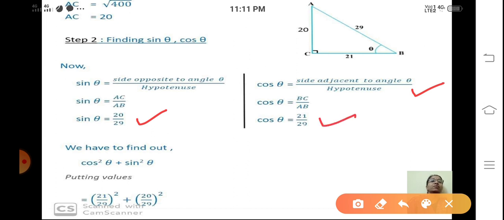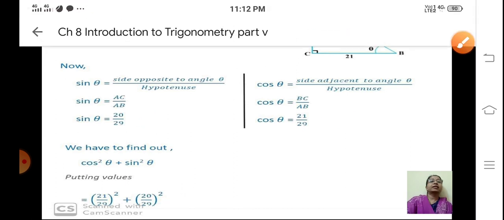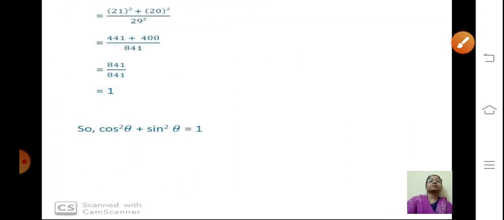So in this way we have got sin theta and cos theta. Now find the required value of the expression, which is cos square theta plus sin square theta. So cos theta is 21 upon 29 the whole square plus sin theta is 20 upon 29 the whole square. Let us simplify this.